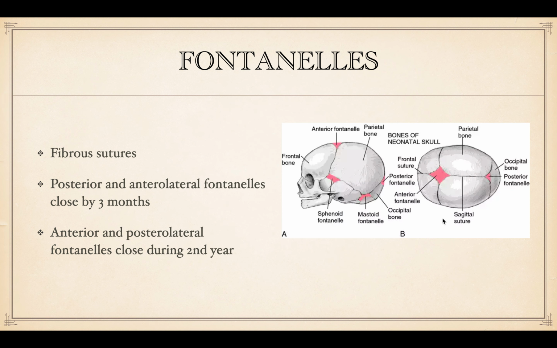That's why when you see little kids from ages 1 to 3, their heads seem a lot larger than their body. It's because their brain is developing far more than the rest of their body, so it has to expand. Early fusion of the sutures can cause some problems, and we'll cover that later in the lecture.